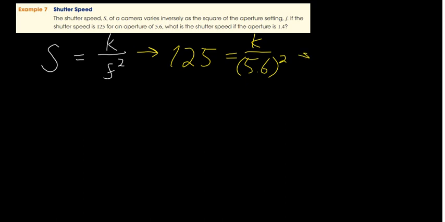So I'm going to square 5.6. 5.6 squared is 31.36, and then we're going to divide 125 by that. So we have 3.98, it's 3.99. So K is equal to 3.99.